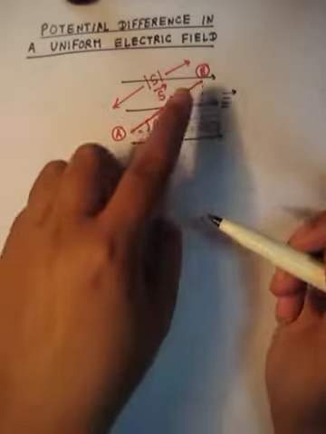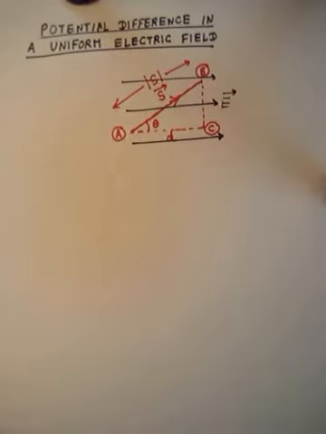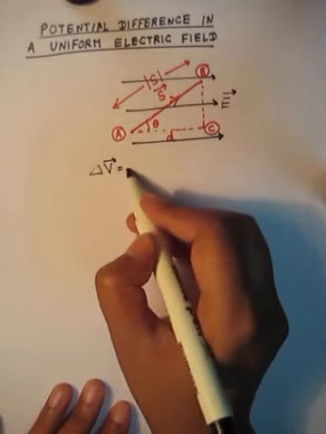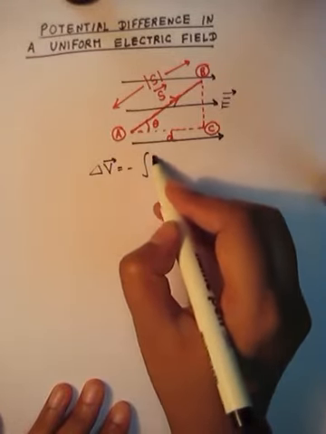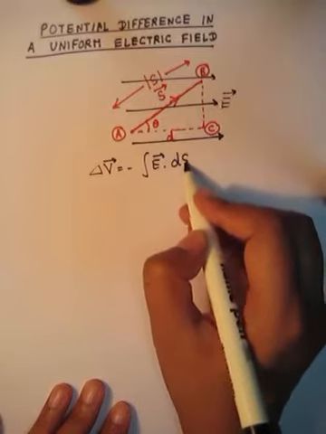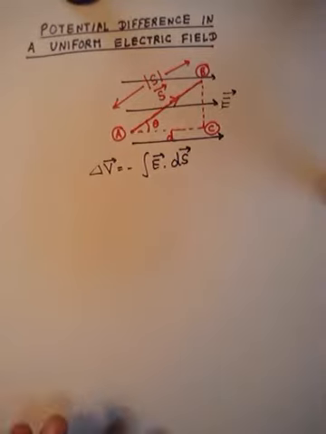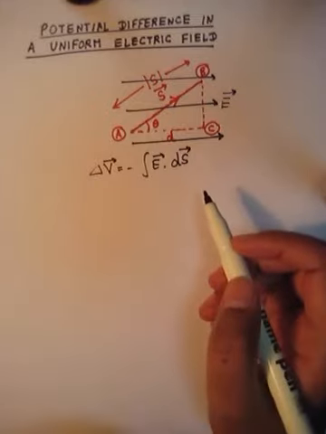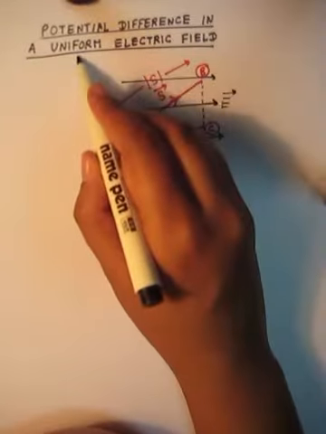So if you have to find out what is the potential difference between the two points A and B, then delta V will be given by minus integral of E vector dot ds vector. So here also we are having a uniform electric field.